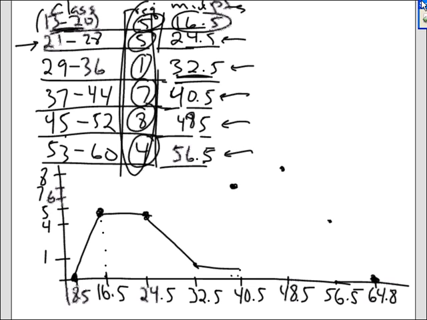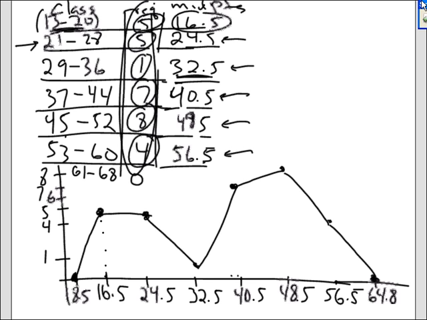Now, again, at 8.5, it was 0. At 64.5, nobody was in the next class. The next class would have been 61 to 68, and the frequency would have been 0.